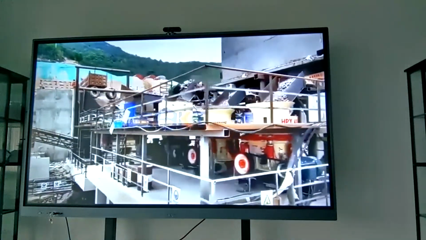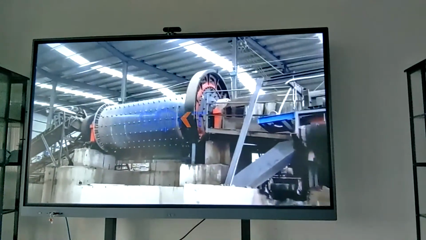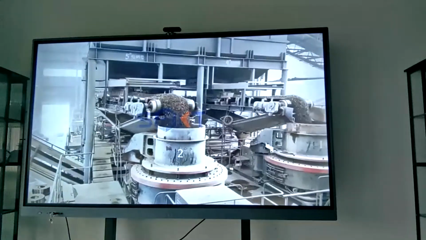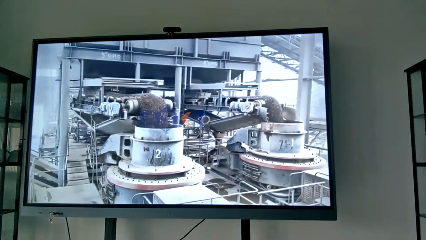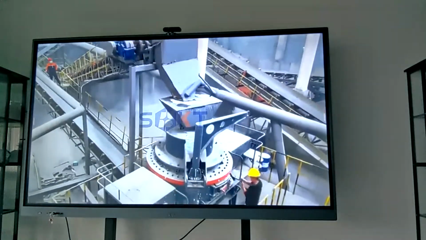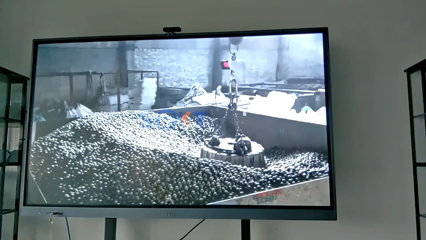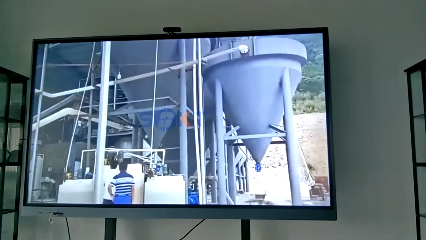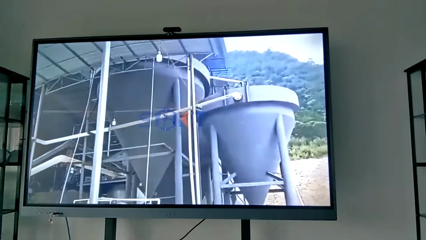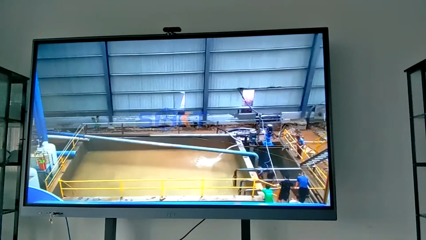Process selection has logic. First, destroy the sulfide lattice to expose the gold, then perform activated carbon leaching. The leaching requires pre-treatment: roasting oxidation, pressure oxidation, bacterial oxidation.